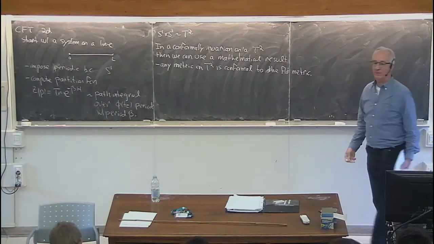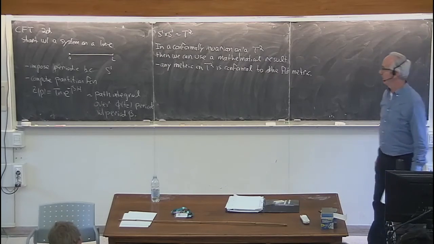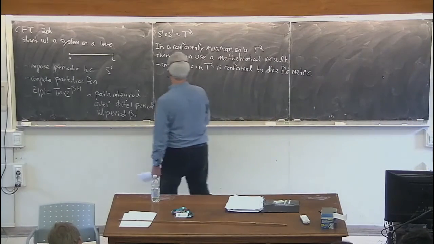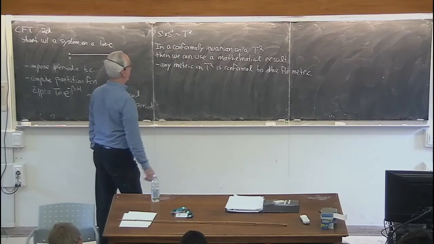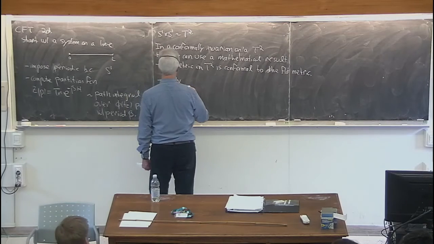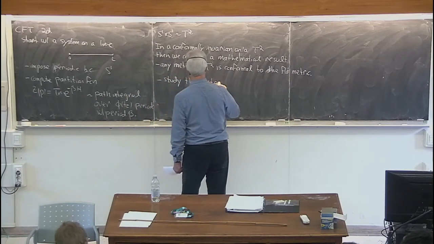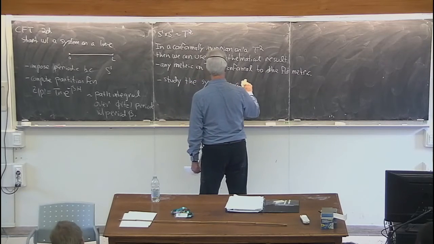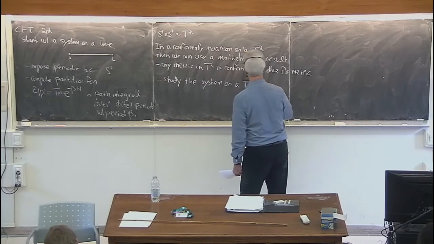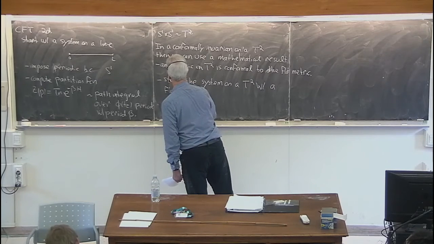And if we have a theory which is conformally invariant, then the physics won't depend on the conformal factor of the metric. And therefore, we are interested in studying the system on a two torus with a flat metric, no curvature.